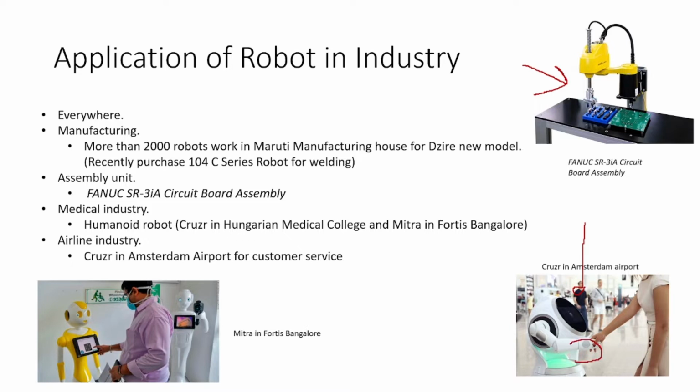This is a cruiser sensor, and this is also a cruiser sensor, so the cruiser can hug you. This is the cruiser face. It is implemented for customer service in the Netherlands airport. Very useful. First point of contact.